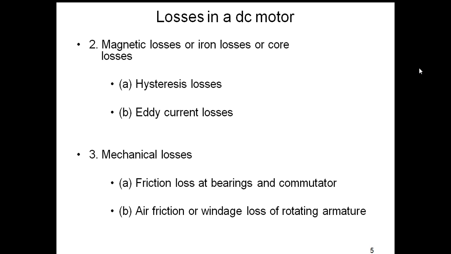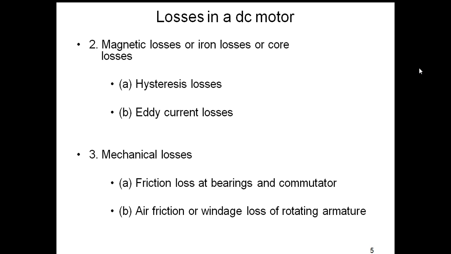And the third type of losses are mechanical losses. In this, the first one is the loss due to friction. This friction loss at bearing and commutator.